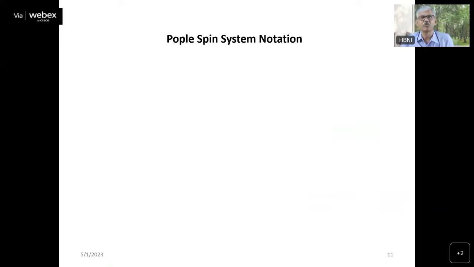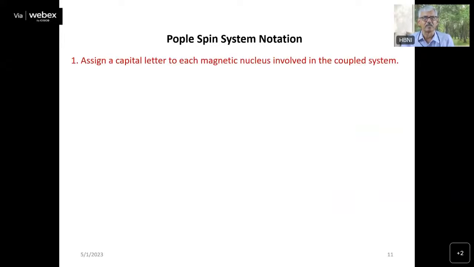Now we'll talk about the Pople spin system notation, because when you have chemically non-equivalent protons and magnetically non-equivalent protons, how do we express them? Like I have already told you, I am giving the notation A, B, X, but there are certain rules to be followed. First, you have to assign a capital letter to each magnetic nucleus involved in the coupled system.